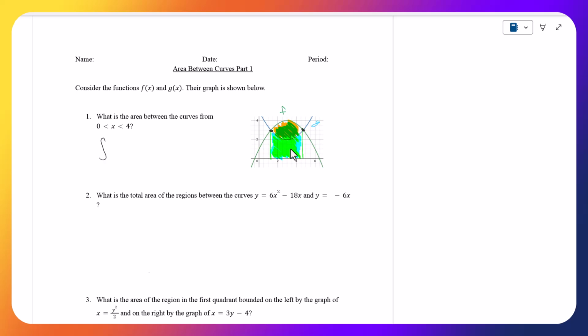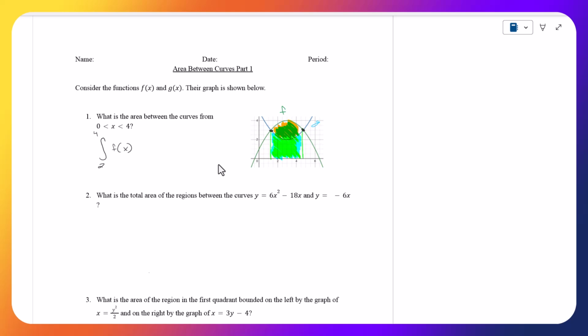And I'll go ahead and write this. We're doing the integral from 2 to 4 because that's where our functions intersect. And our whole thing was the top function, our bigger function, f. So that's our whole. And we want to take away our piece. Well, our piece was the smaller function, g.